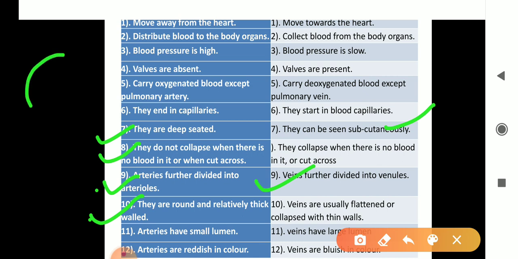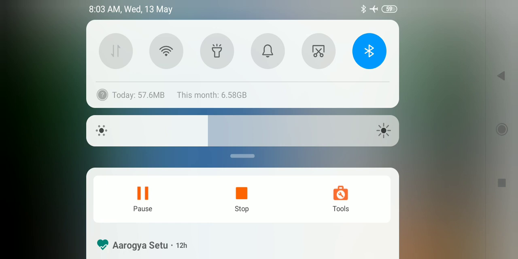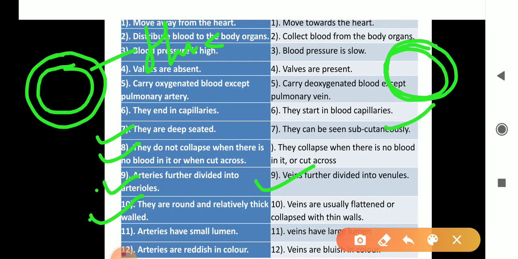Now see, if we cut the artery and vein, the wall of the vein is thin, but the wall of the artery is thick. It is thick walled, whereas veins are thin walled.